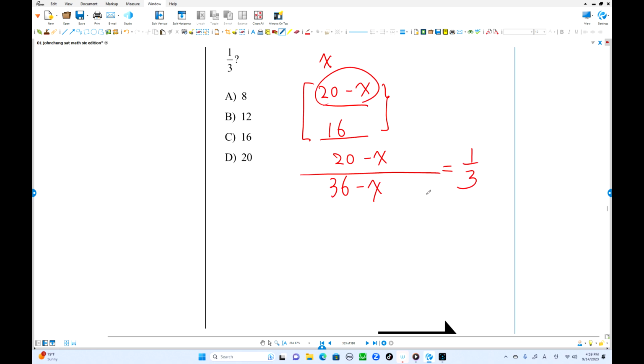Cross multiply: 36 minus x equals 60 minus 3x. So plus 3x, that is 2x equals 60 minus 36, which is 24, right? So x equals 12. So 12 are taken out, and the probability to choose a black marble will be 1/3.